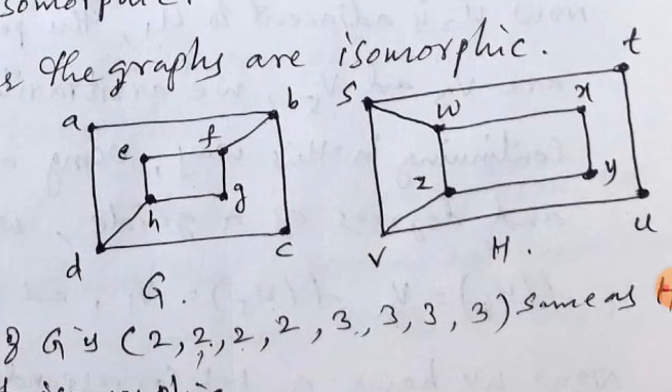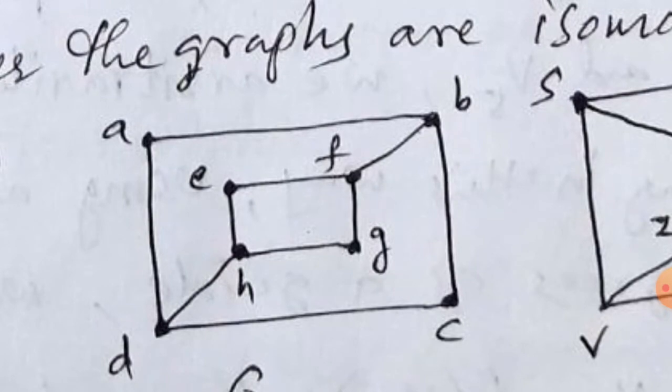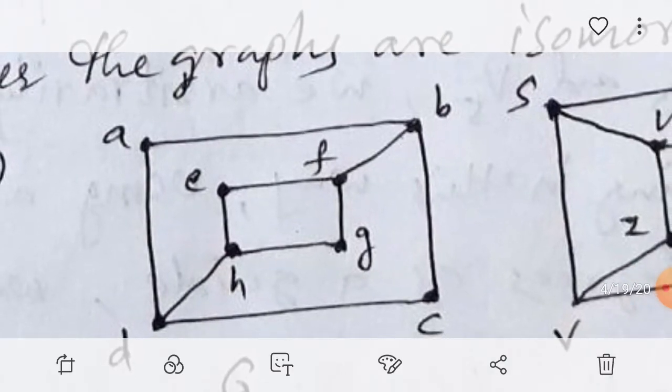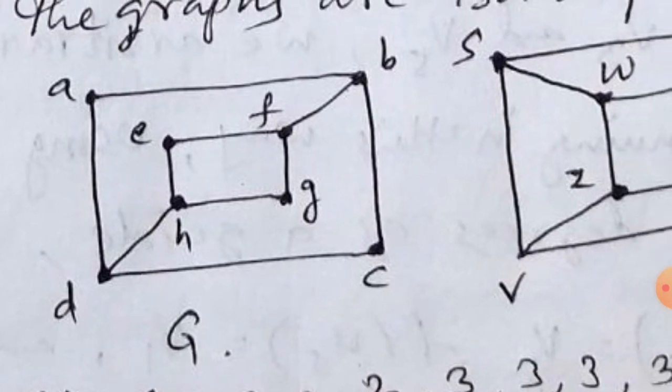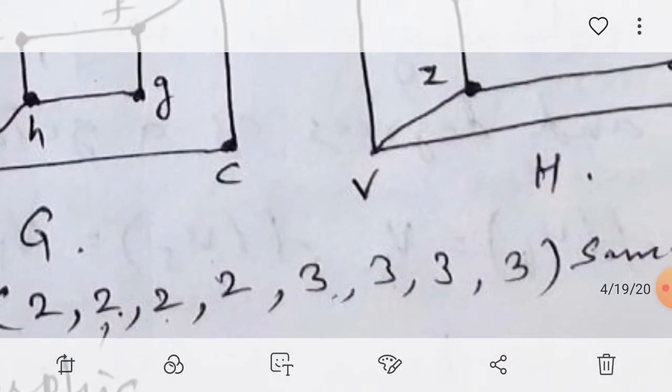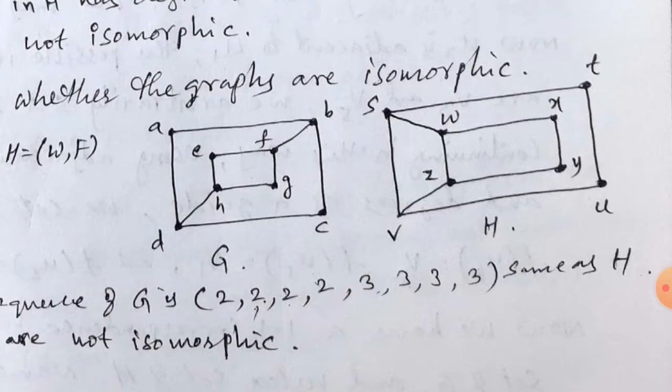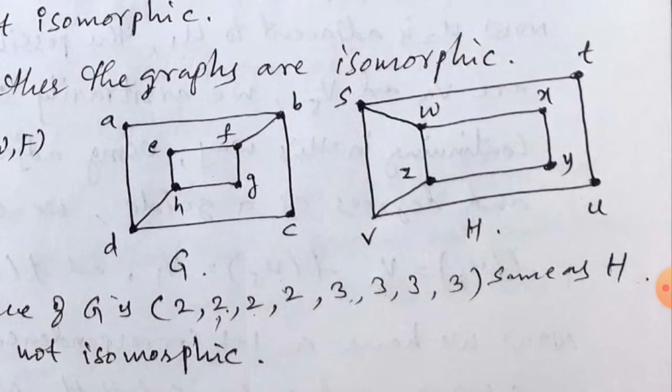The degree of A in G is 2, so A must correspond to a vertex in H that has degree 2, and only T, U, X, Y have degree 2. The important thing here is that we have to map vertices of the same degree.